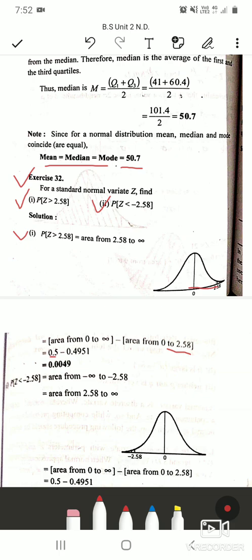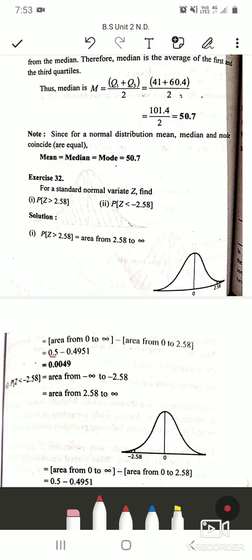Here they have not given any x, they have not given any parameters, but they have asked to find the probability of Z taking certain values. So this type of question can be asked for 2 marks. So we have solved many problems, and I hope by now it is very easy to find the area under the normal curve. Next they have asked the probability of Z less than minus 2.58. Since it is less than, Z takes values from minus infinity to minus 2.58.